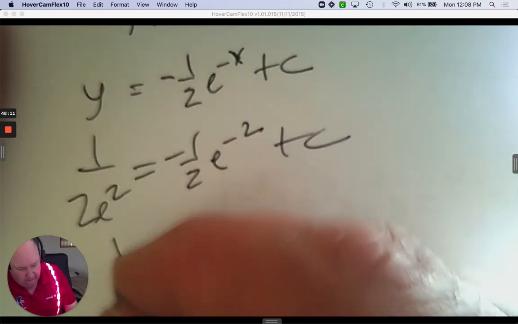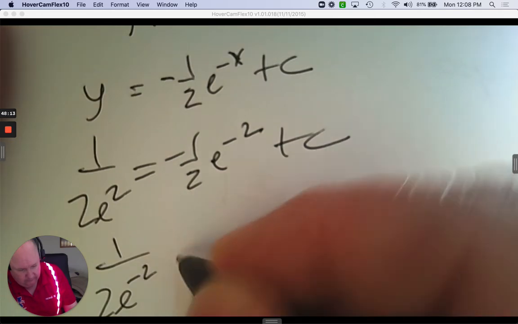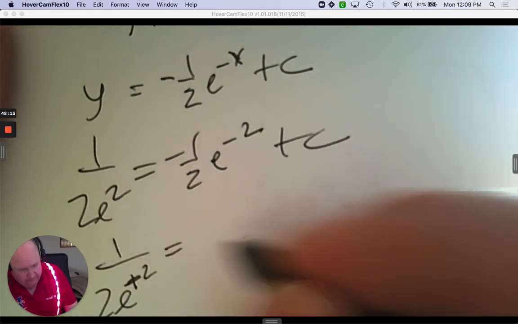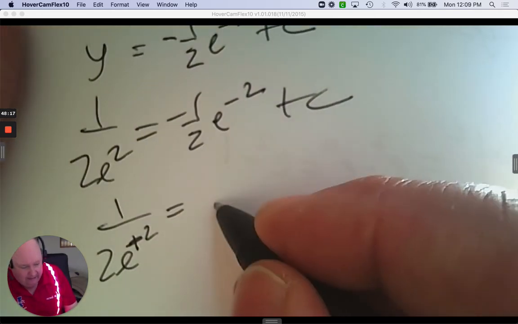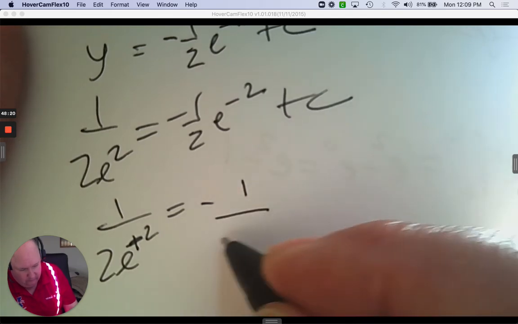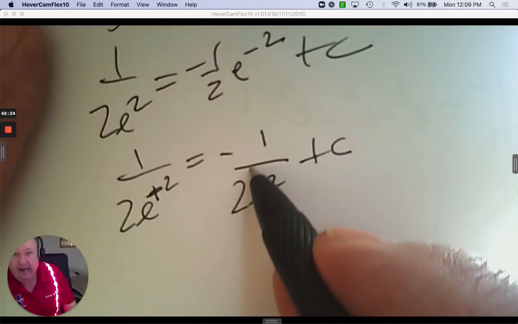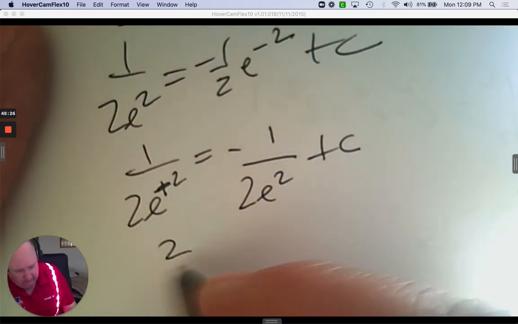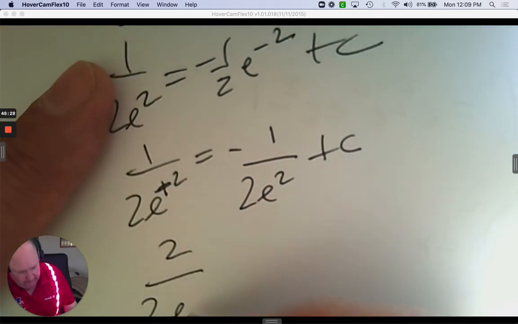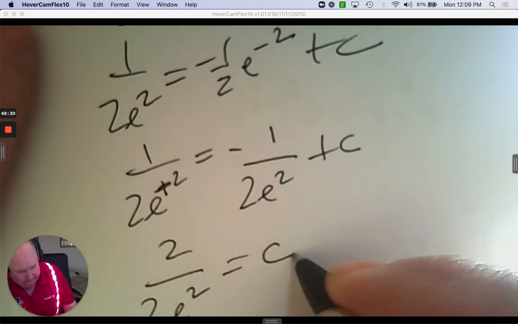Now recognize, oops, let's pause it, that we have negative 1 over 2e squared. So if I rewrite it, maybe you could see it. If I add 1 to the other side, it would actually be 2 over 2e squared.